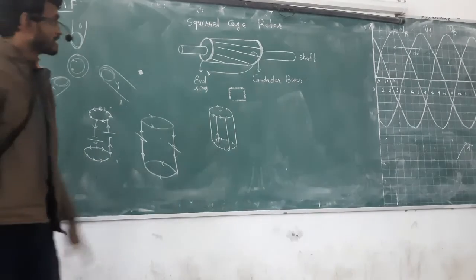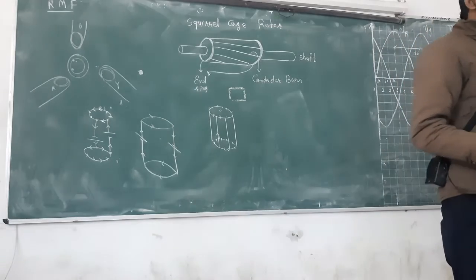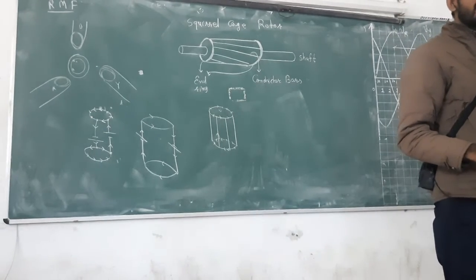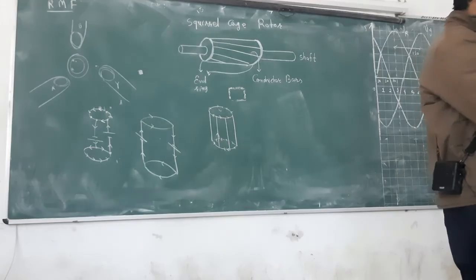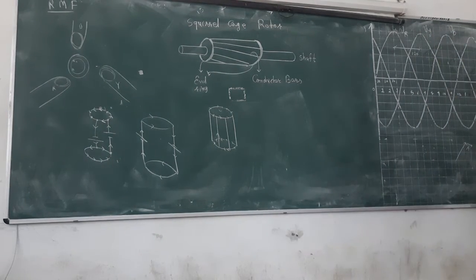That will happen in this kind of squirrel cage rotor, whenever there is a rotor and a rotating magnetic field around the conductor. I explained the rotating magnetic field using a permanent magnet.